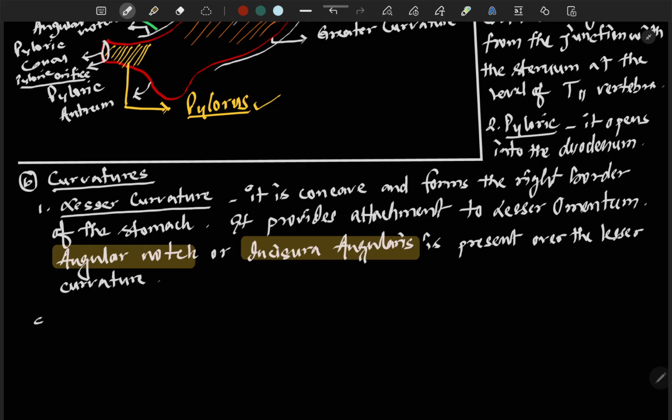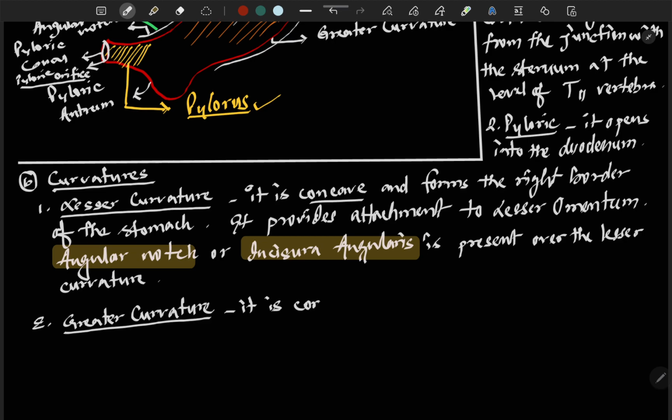Number two is the greater curvature. The lesser curvature is concave and it will be just opposite.